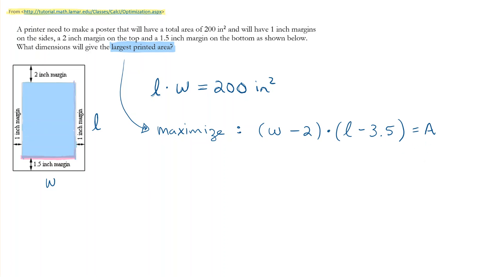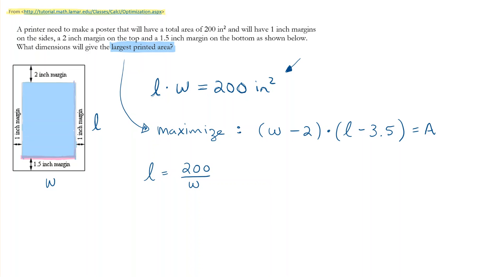Right now this is an equation in 2 variables. So we'd want to find a way to manipulate the constraint equation so that we could substitute to get this area equation down to a single variable. Let's solve for length here. We would get length is equal to 200 divided by w, dividing both sides by w.